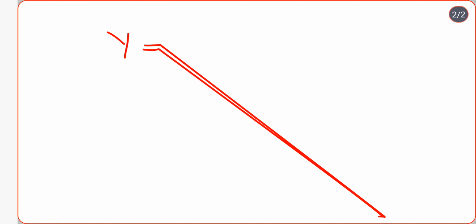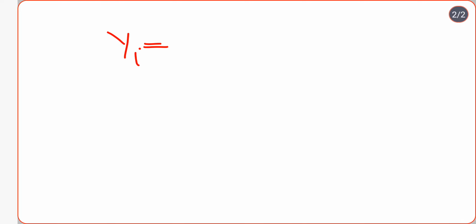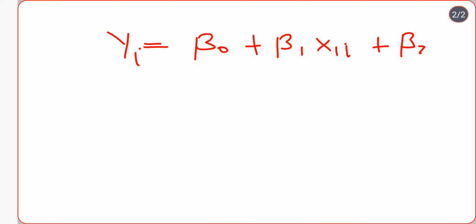You may write it in a more simplified way. You may write it as yi equals beta 0 plus beta 1 x1i plus beta 2 x2i, and it continues like that, and in the last you may write beta k into xki.